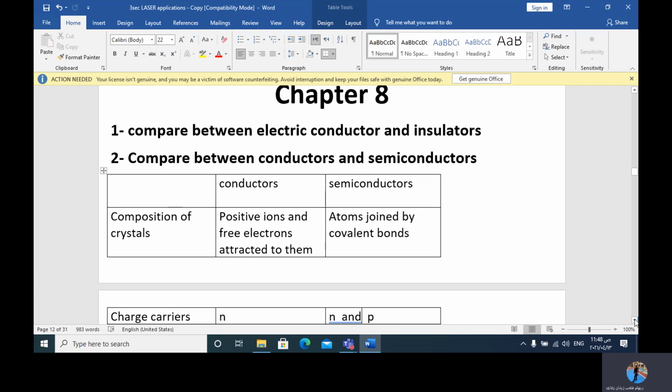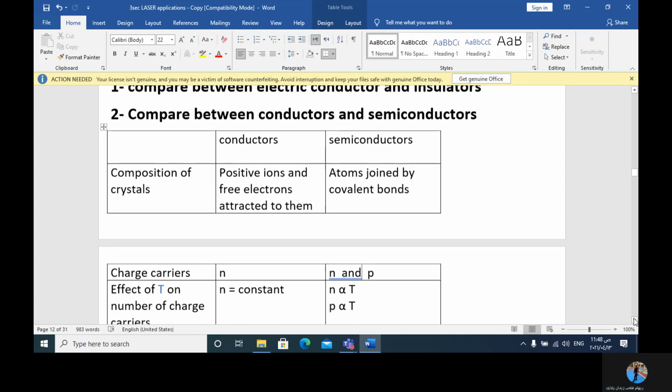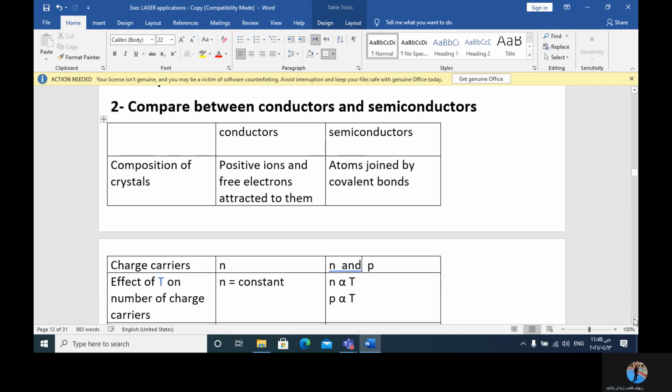Now, semiconductors are different from conductors. In what way? Let's compare between them in a simple table and see how they differ from each other. Conductors and semiconductors are both made of atoms, of course.